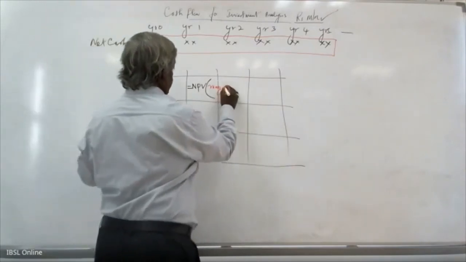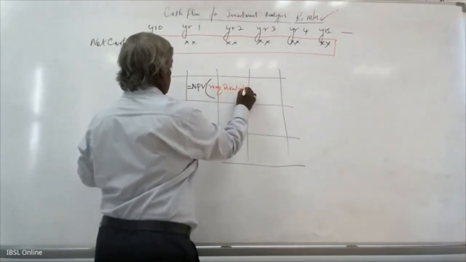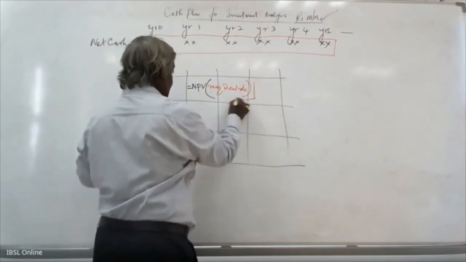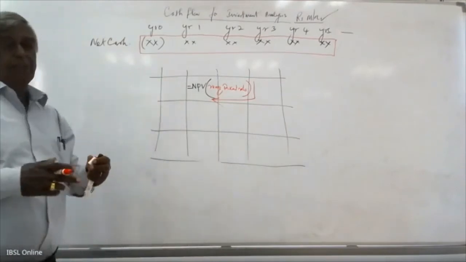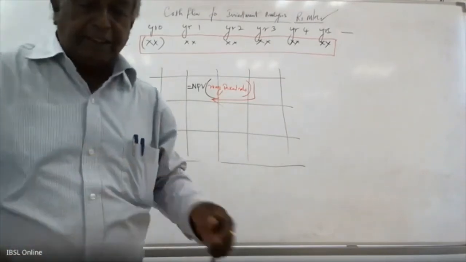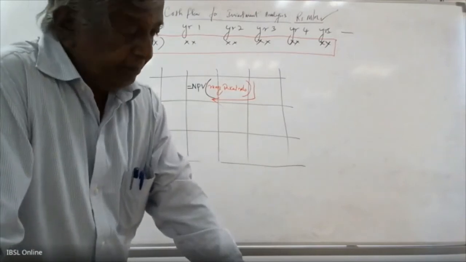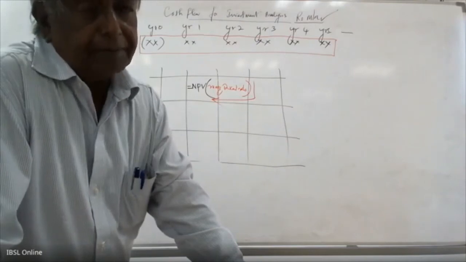Close the bracket and then enter. You will get the NPV. You don't need to do all these calculations. This is calculating the NPV using the computer.